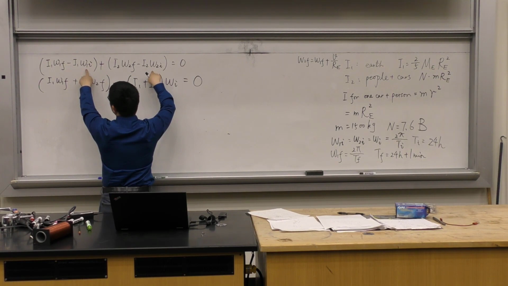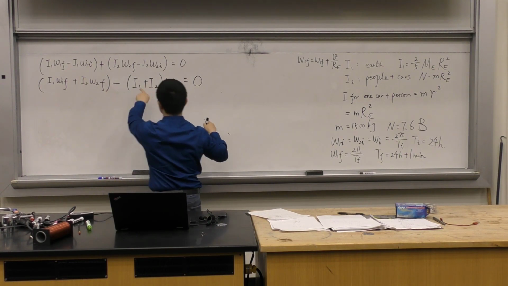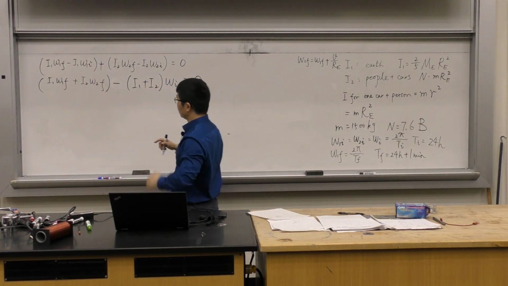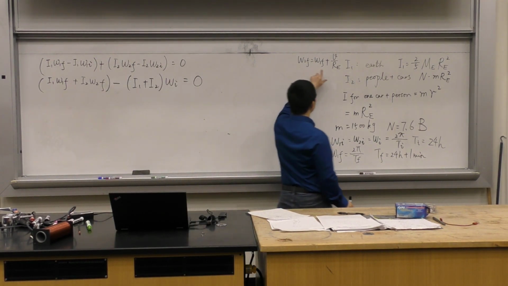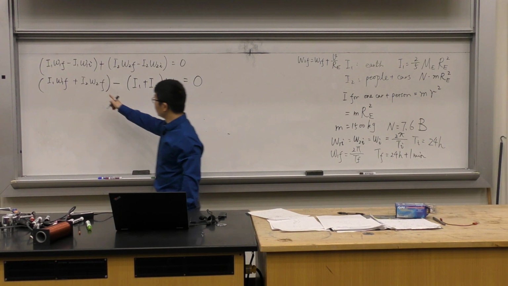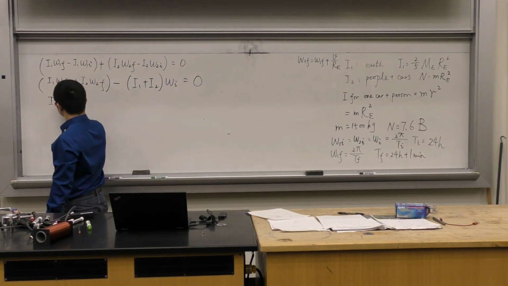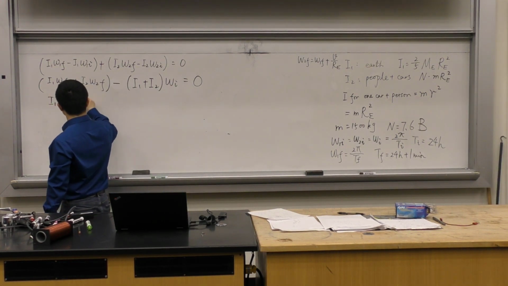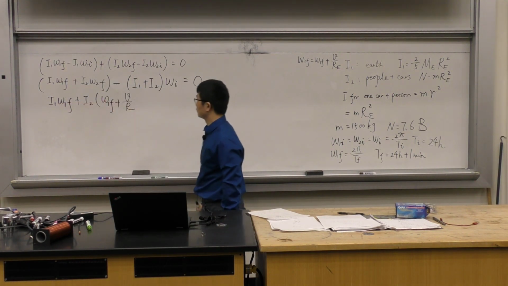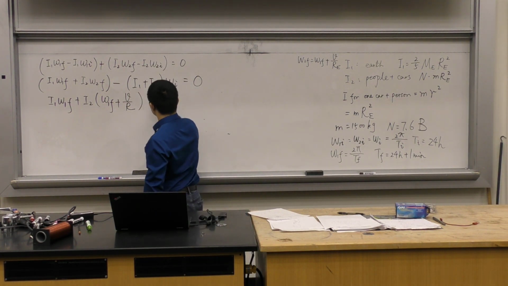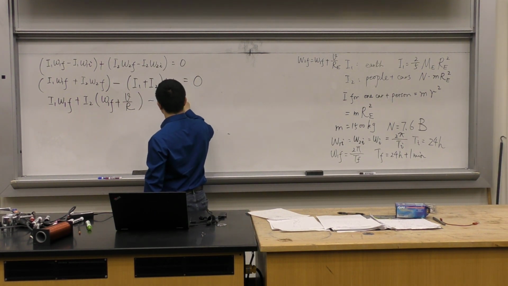But these two initials, they have the same omega i, so I can factor out omega i. Now this guy, let's see, because omega 2f equals this, so I'm going to rewrite omega 2f as omega 1f plus v over the radius of the Earth. Right, I'm just using this big R.